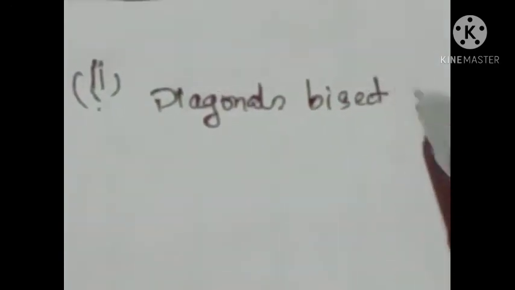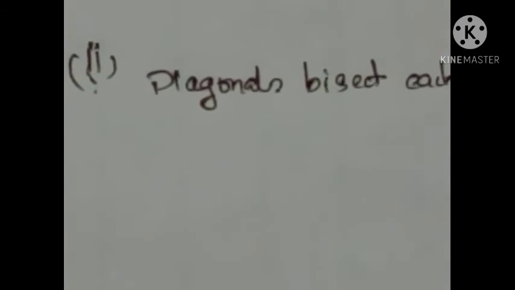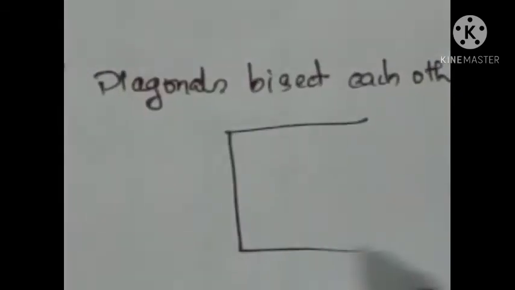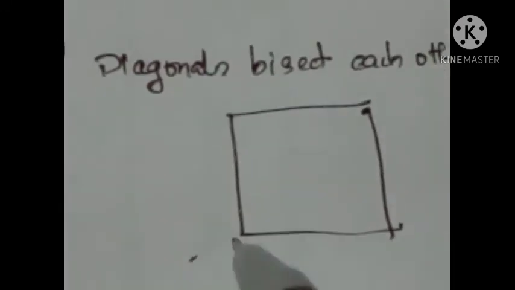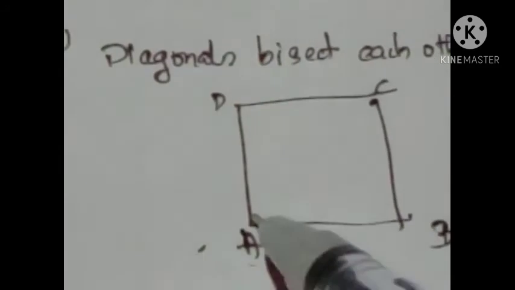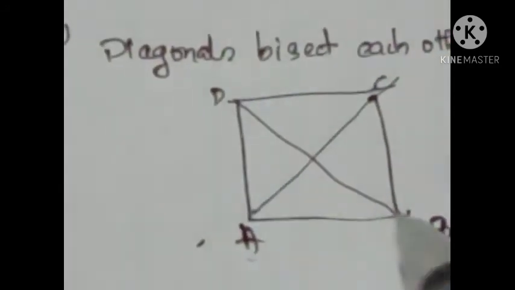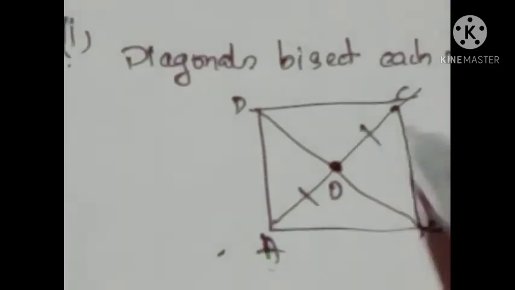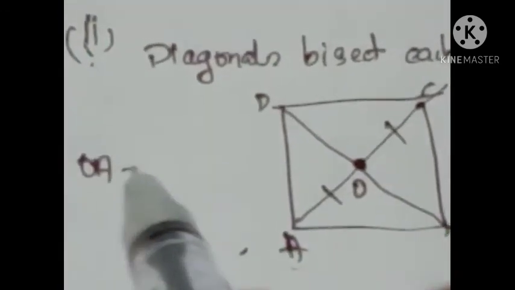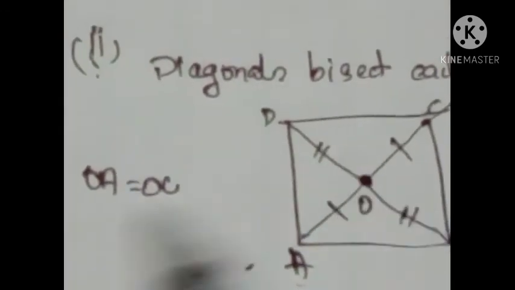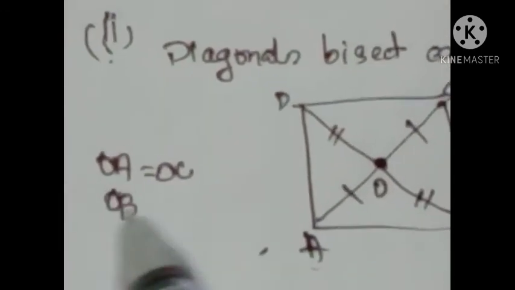So diagonals bisect each other means we need to prove, listen, this is our figure. A, B, C, D. AC and BD are diagonals. It is O. So diagonals bisect each other means OA equal to OC and OB equal to OD. These two lengths are equal.